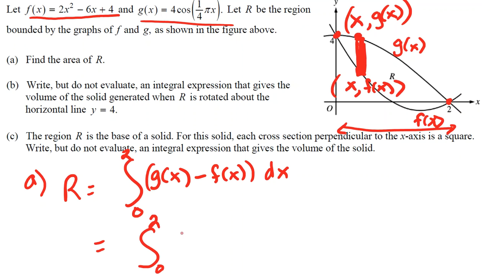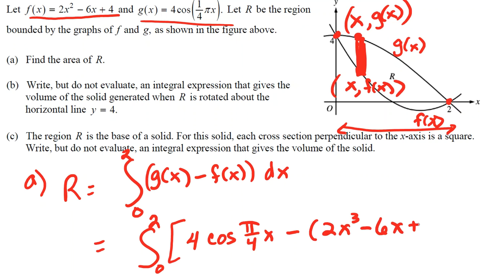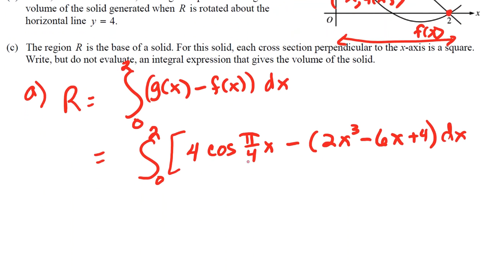So g of x is our 4 cosine, and I'm going to write this as pi over 4 x, and then minus our f of x, and I can integrate this one using the power rule. All right, so in the first part here, the trick is that there would be a chain rule of pi over 4.